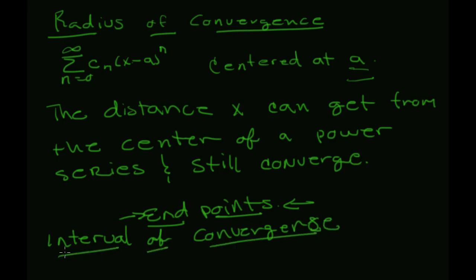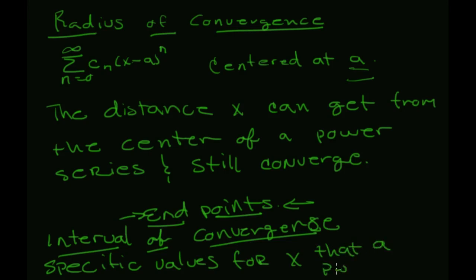Which is the specific values for x that a power series converges on. So the key to this whole thing is going to be using the ratio test.